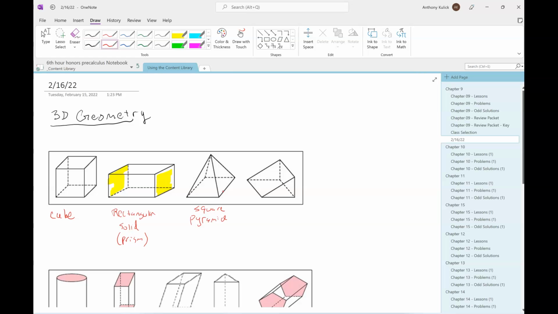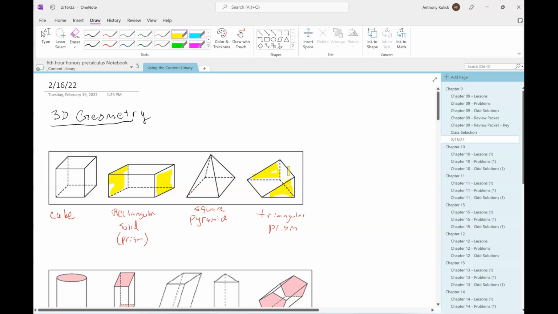The last figure here on this first row looks like a doorstop, right? That is a triangular prism. Very good. Again, you hopefully can see the two parallel bases here are triangular in shape.